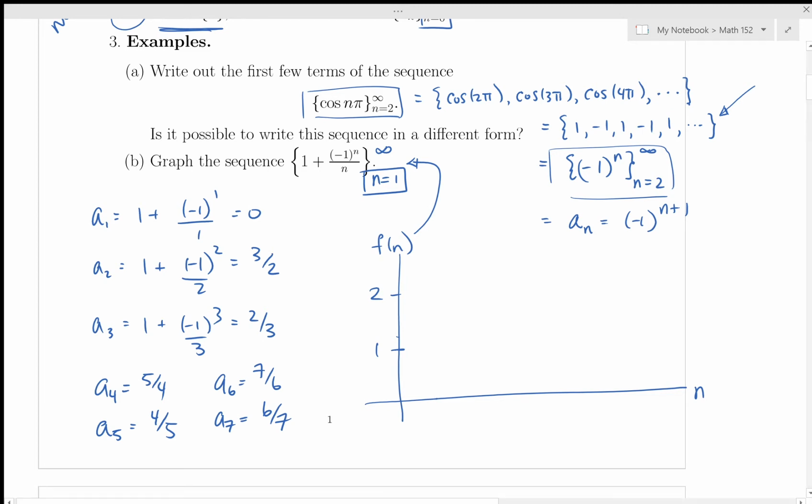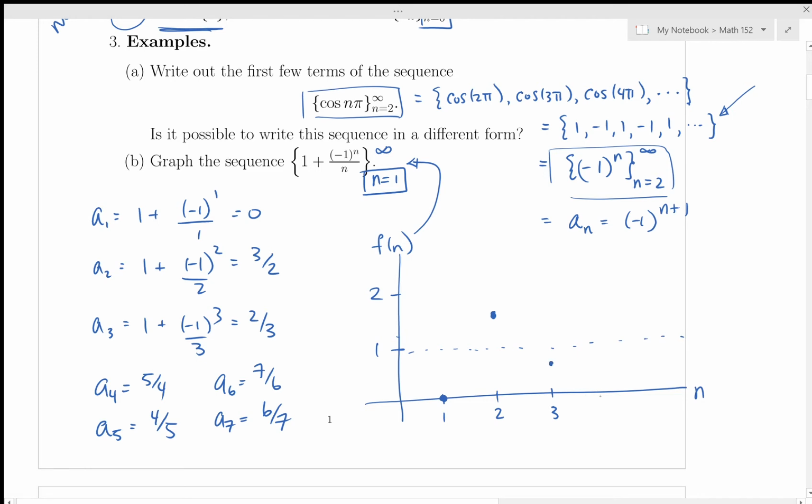So when n is 1, a1 here, which is f of 1, is 0, and then when n is 2, we calculated that it's 3/2, like that. And then when n is 3, I'm just going to put a dashed line here to see where that is, 2/3.